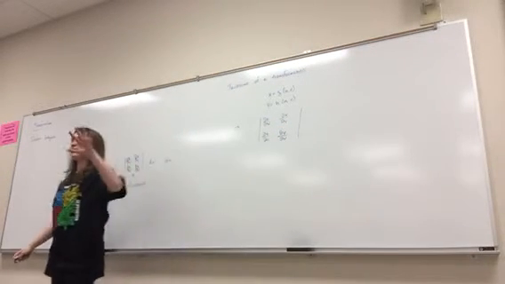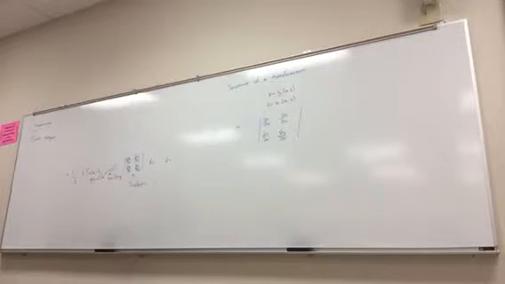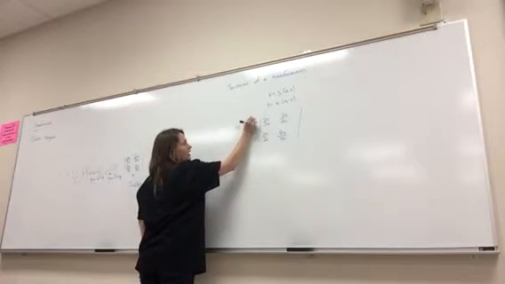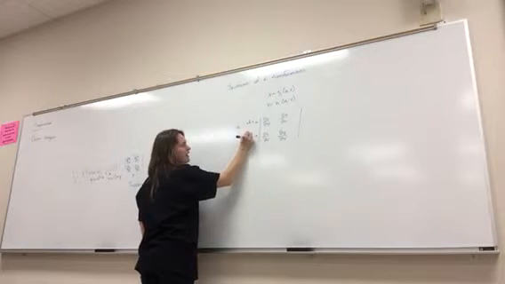Now, it looks really intimidating. Let's talk about how the order makes sense. The first row are the partials with respect to u and v, and the bottom row is u and v as well. What are the partials of? The first row is of x, the second row is of y.